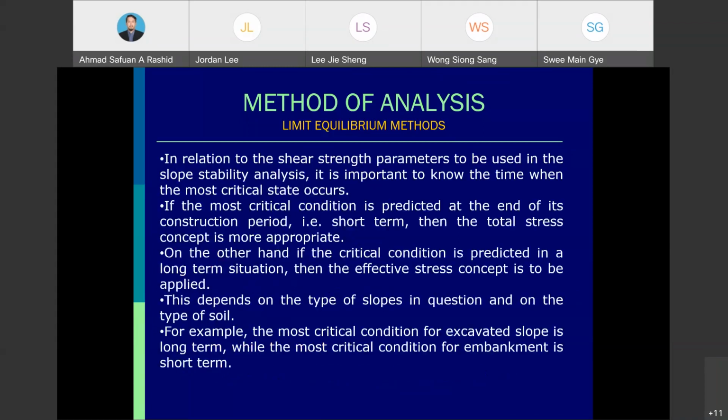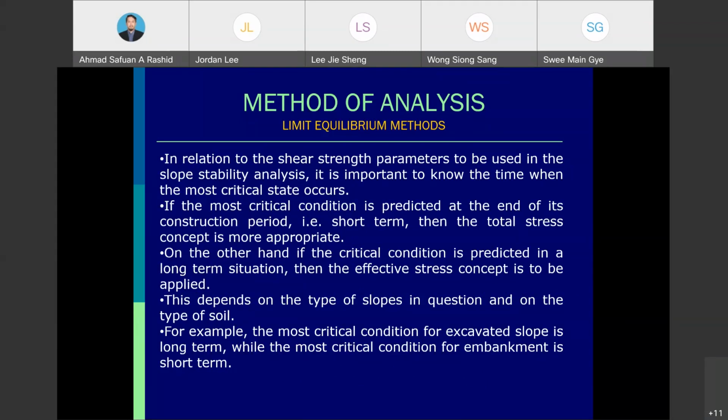In relation to the shear strength parameters to be used in the stability analysis, it is important to know the time when the most critical state occurs. If the most critical condition is predicted at the end of construction, which is the short term, then the total stress concept is more appropriate.